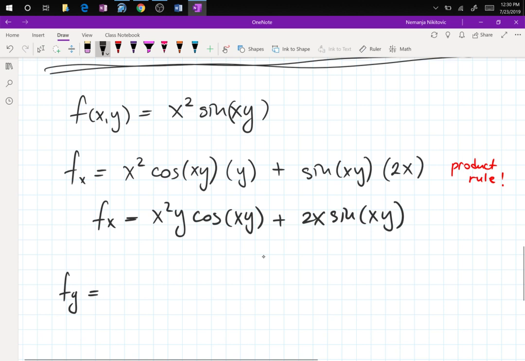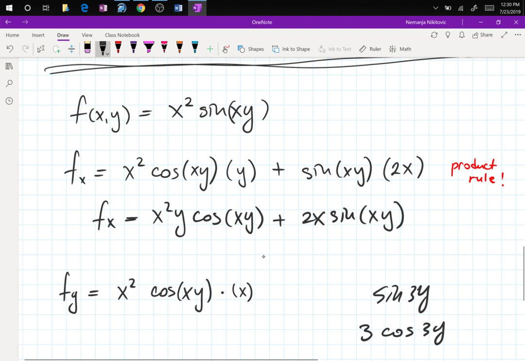Now, the partial derivative in y is much easier, because all x's are constants. So you copy x squared, that's a constant. The derivative of sine xy is cosine xy times the chain rule x that comes out, because it wasn't just sine y, it was sine xy. So think of it as sine 3y. If you have sine 3y to take the derivative of, you would write cosine 3y, and then the derivative of the inside would be a 3 that goes in front.